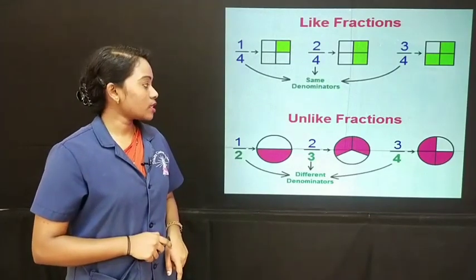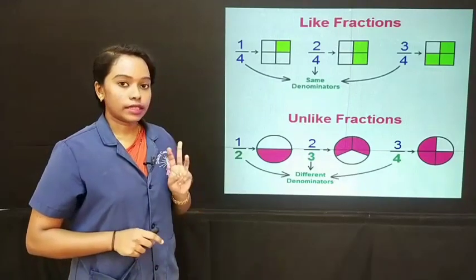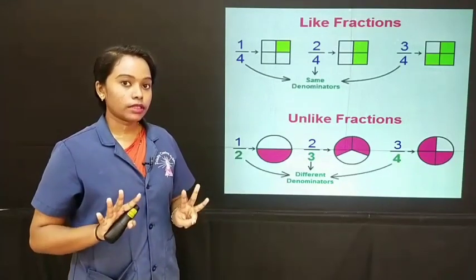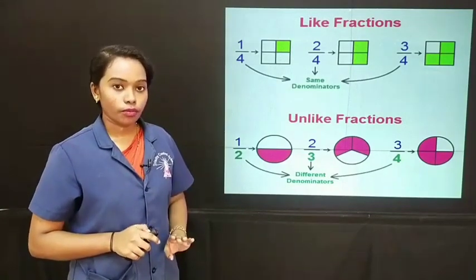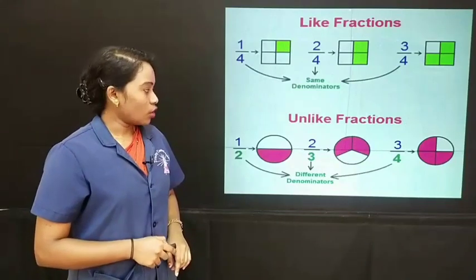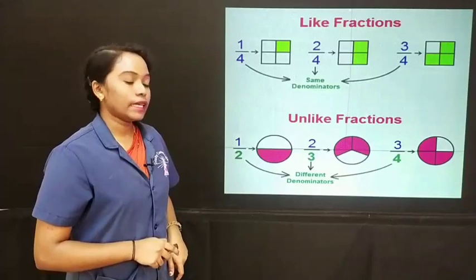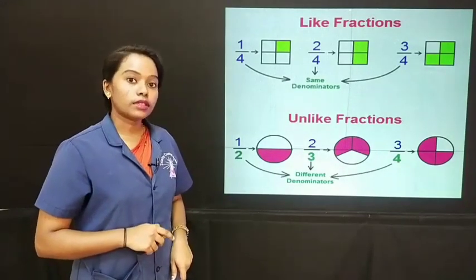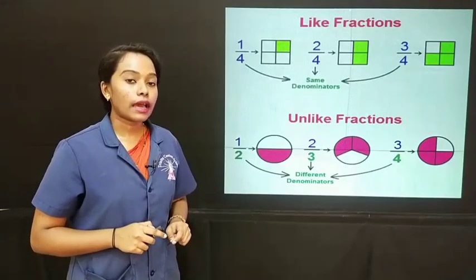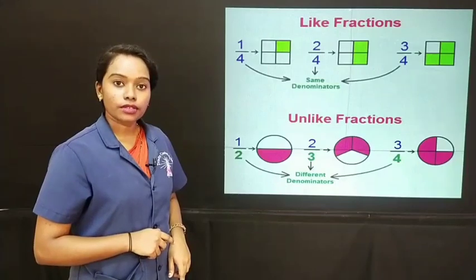Hence the fraction is 2 by 3. And here 3 out of 4 parts are shaded and the fraction is 3 by 4. Here the denominators are different. See here we have 2, 3, 4. They are different. And the fractions with different denominators are known as unlike fractions. Hence they are unlike fractions.